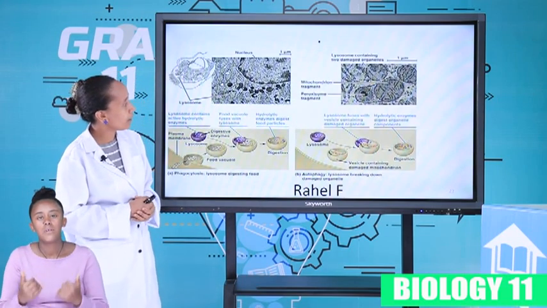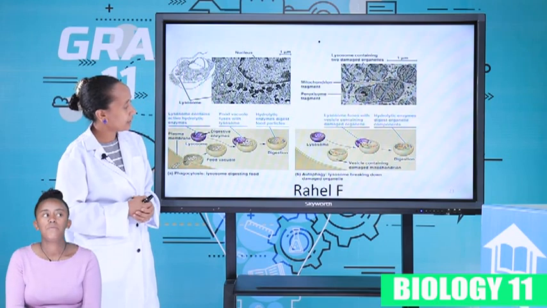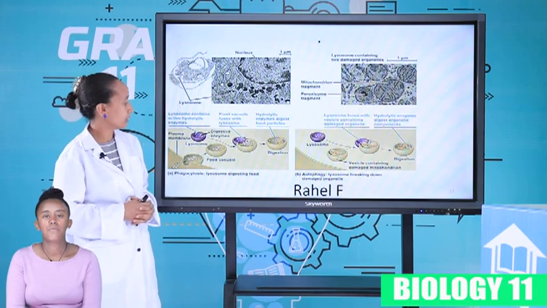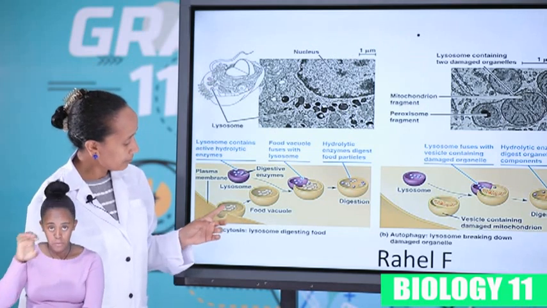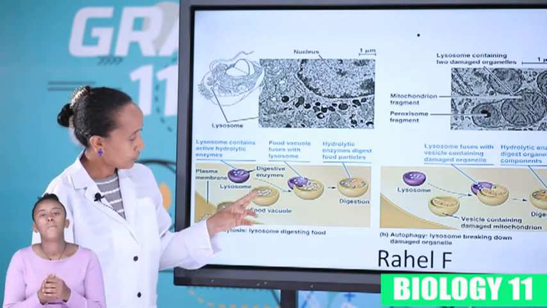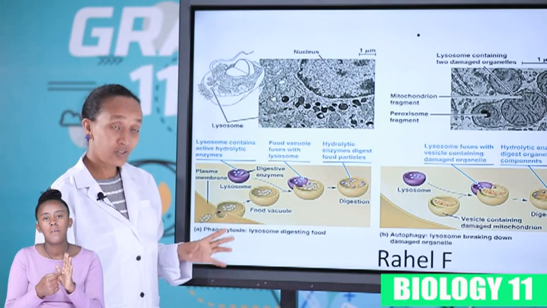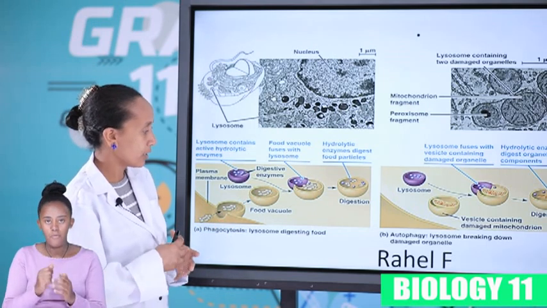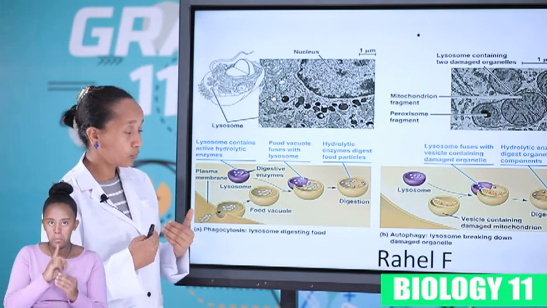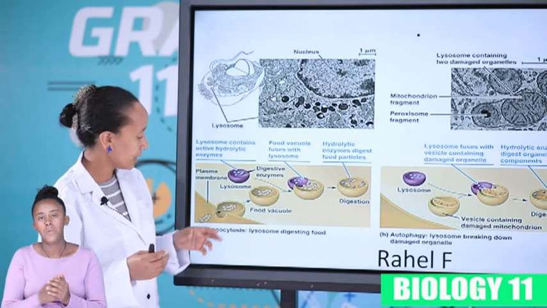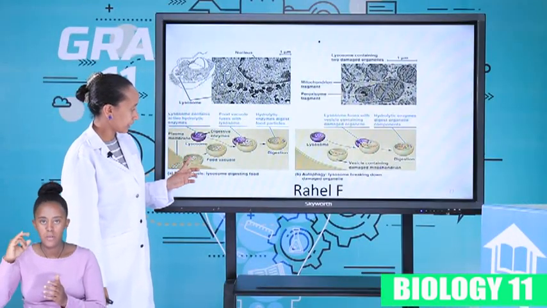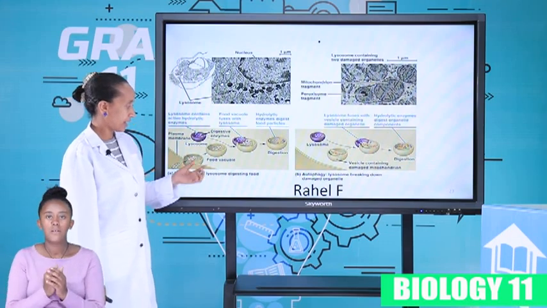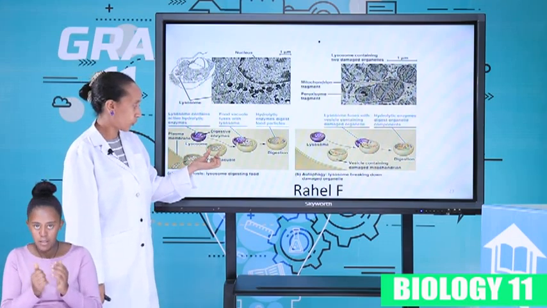Here we have a diagram that indicates the action of lysosomes. It shows phagocytosis, or the action of lysosomes when the cell takes in large food particles and digests them. First, the food particle is engulfed by the cell, and then a food vacuole is formed.